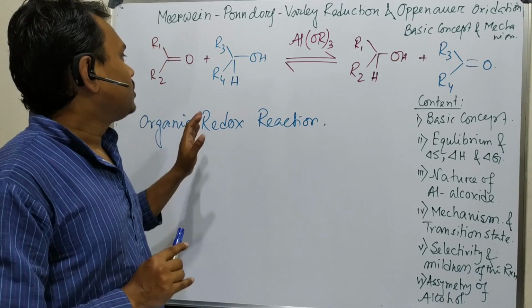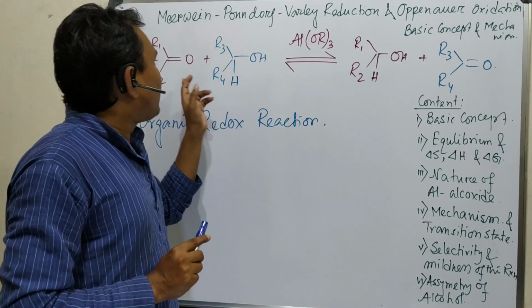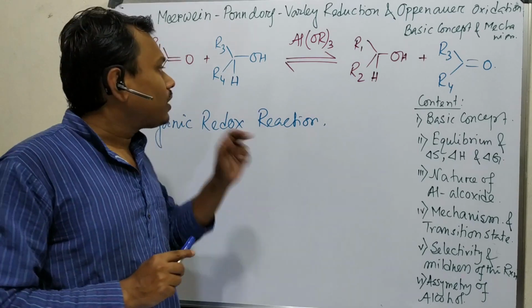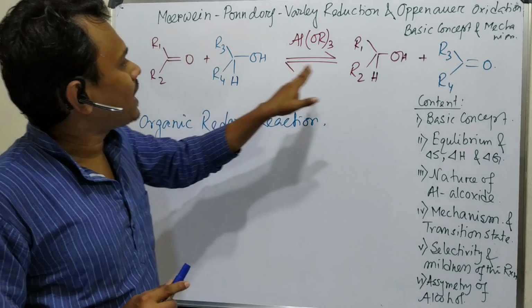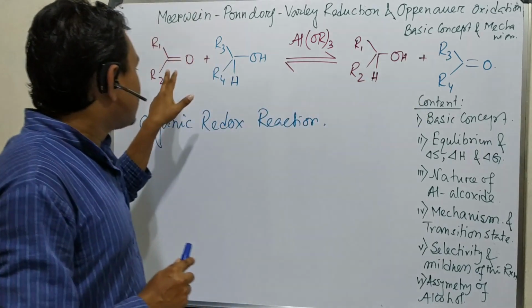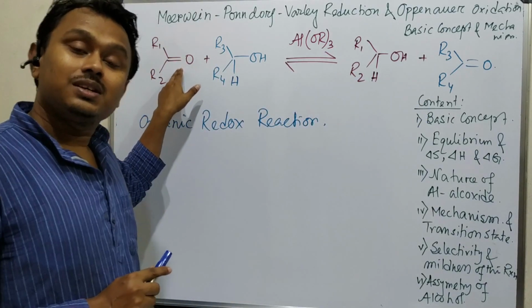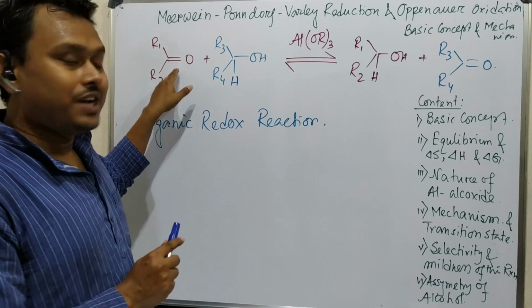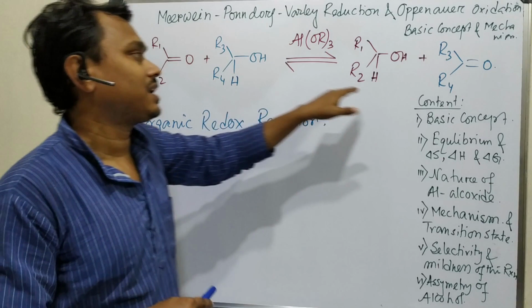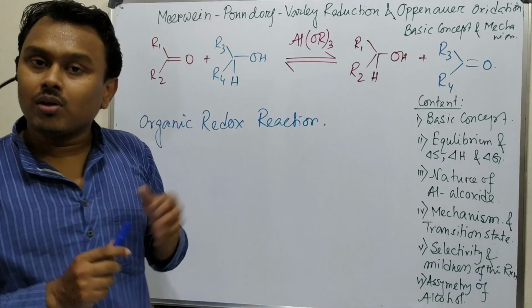So if we want the oxidation of an alcohol, then what do we need? We need a sacrificial reagent. For oxidation of an alcohol to a ketone, the sacrificial reagent must be a ketone. But if we want reduction of a ketone, then we have to use a sacrificial reagent like an alcohol.